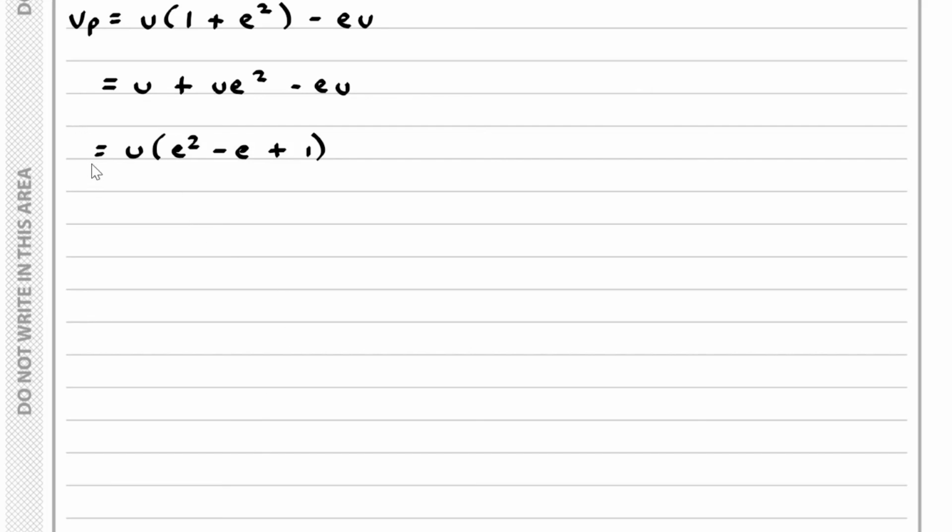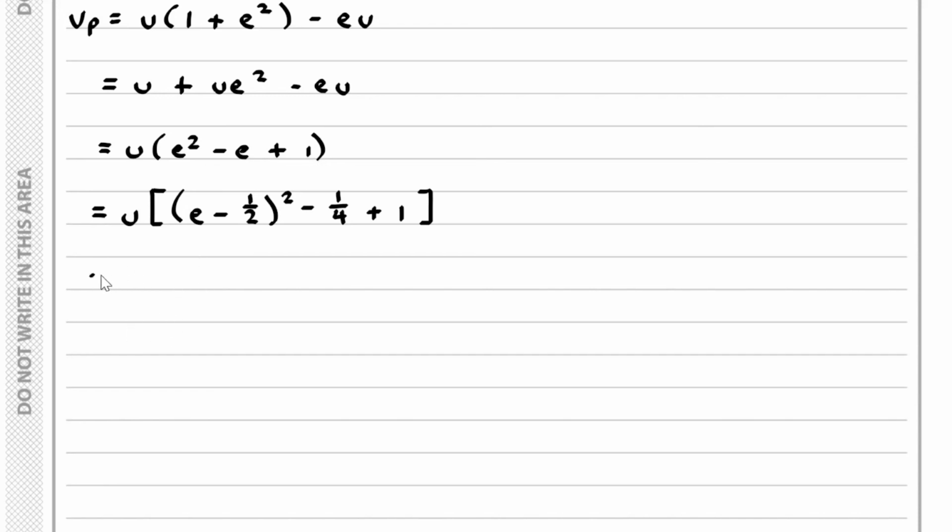Well, one way we can do that is to simply complete the square. So if I complete the square of what's inside the bracket, I would have e minus one half all squared, and then I'll subtract off the square of 1/2, which is 1/4, and then I will add on 1. So this is what e squared minus e plus 1 is equivalent to.